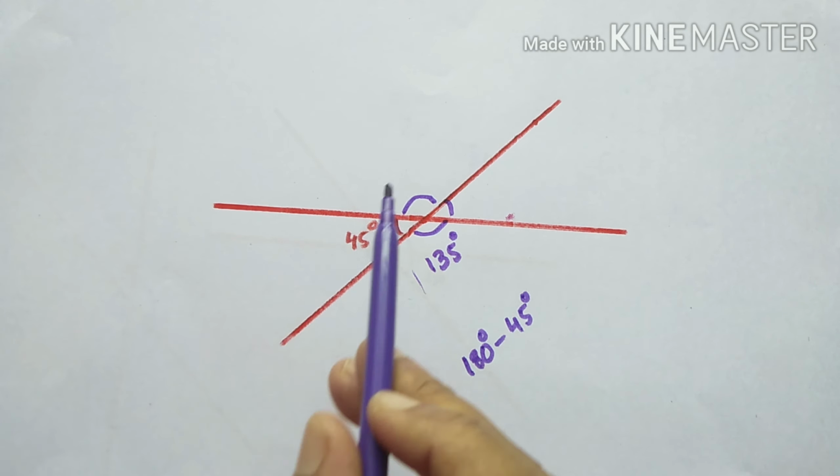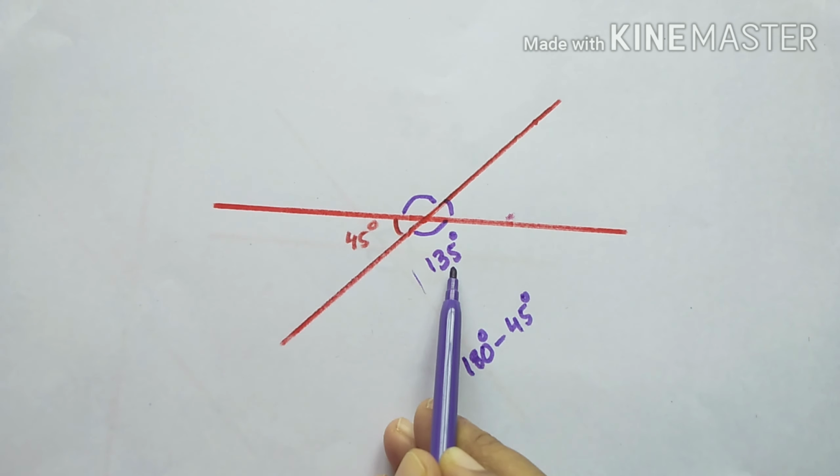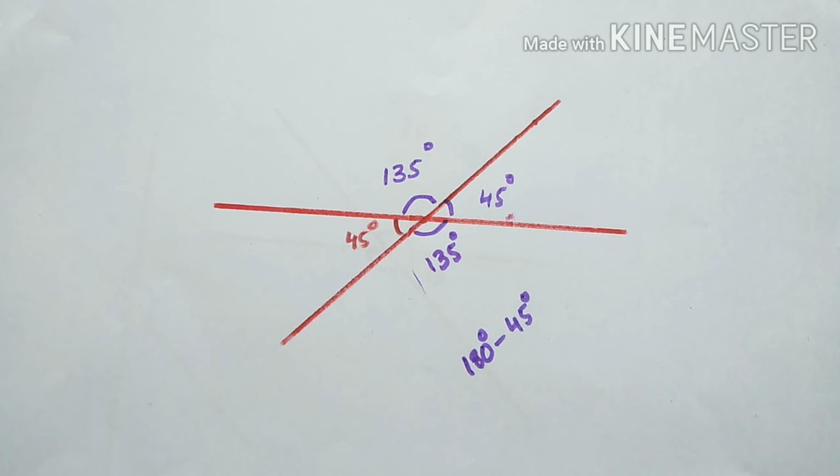So here this angle we can directly write it as 135 degree since this angle is vertically opposite to this angle. So here the measurement is 135 degree. What about this angle? This angle is vertically opposite to this angle. So this is 45 degree. This is how we have to find out the angle easily.